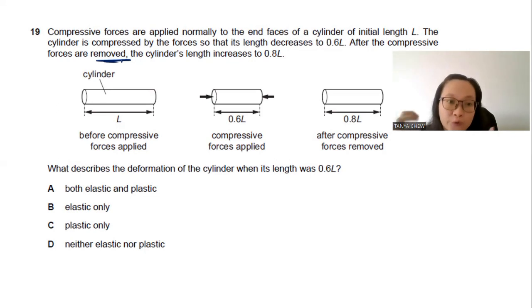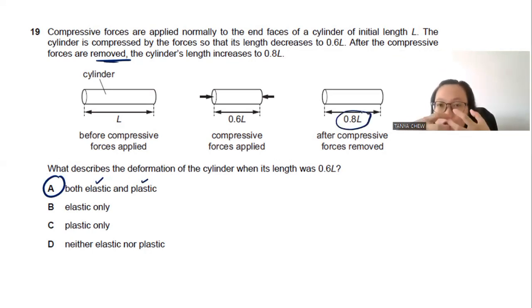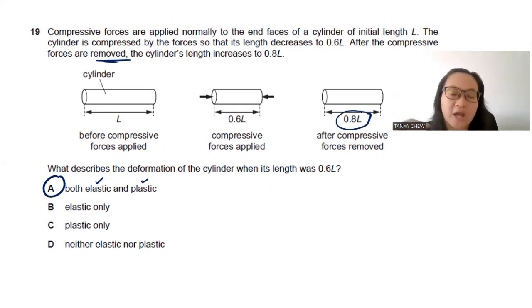That is why the length increases. So in this case, both elastic and plastic deformation are involved, because it tries to elastically restore back to the original length L, but it can only restore to 0.8 L, and it has permanent deformation, which is also called plastic deformation.